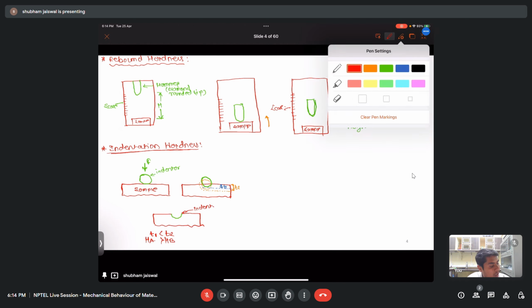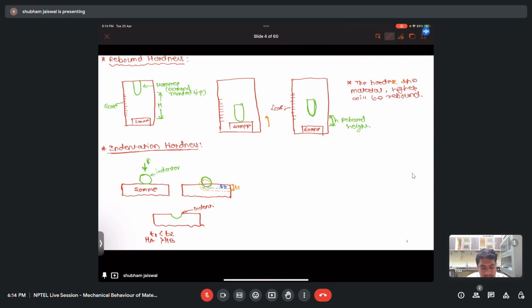And how do we calculate its hardness? We calculate hardness by load upon indentation area.